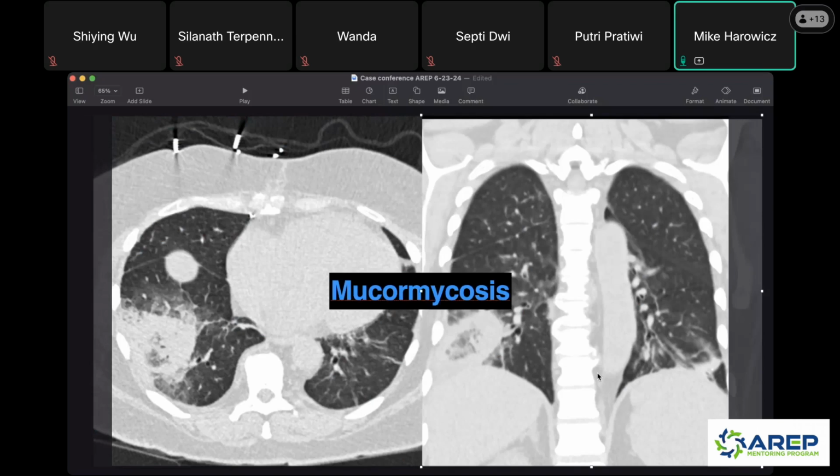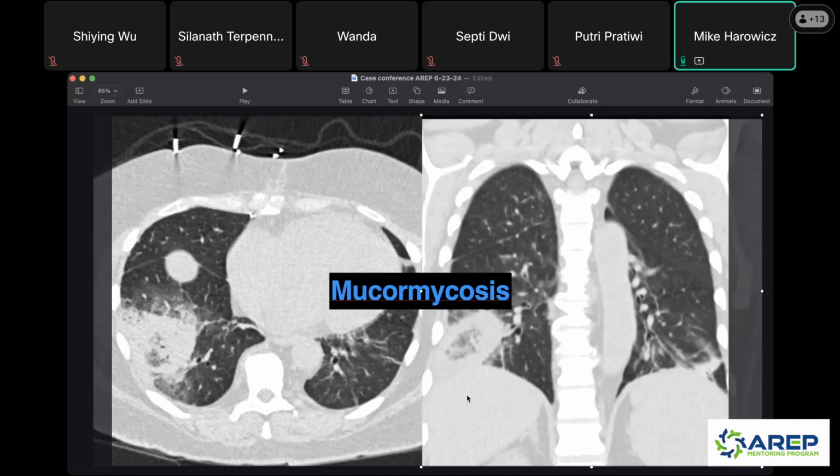Now, the tricky thing with mucor is it's often pretty difficult to diagnose because all of this tissue is just infarcted. It's hard to get a sample that is actually positive for mucor. So sometimes you, as the radiologist, have to be the one that's like, no, I'm very worried about either mucor or invasive aspergillosis, angioinvasive aspergillosis.